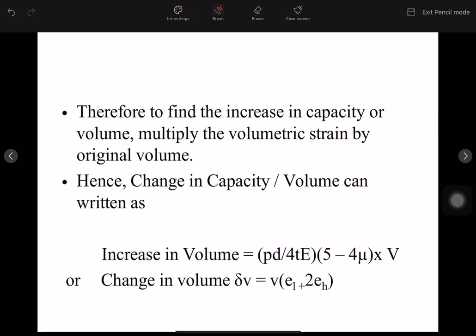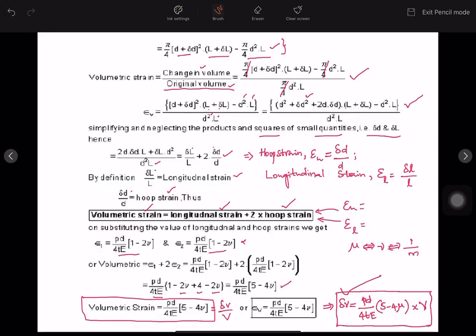So therefore, to find the increase in capacity or volume, multiply the volumetric strain by original volume. That is what I have mentioned in this equation.